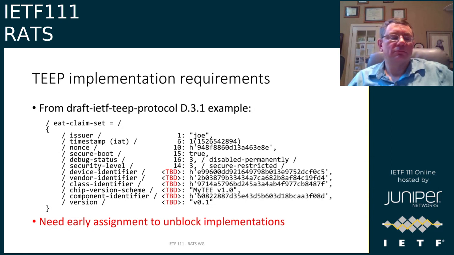But that transition is not too bad. It's on the receiving side, so I don't see early assignment as a blocker. I actually wrote the code to do that, and it's part of the C token library. It does it. So it seems like you can go either way on that. Early assignment is nice, but it's not required. So I'm happy to take wisdom on that, but that's my thought.